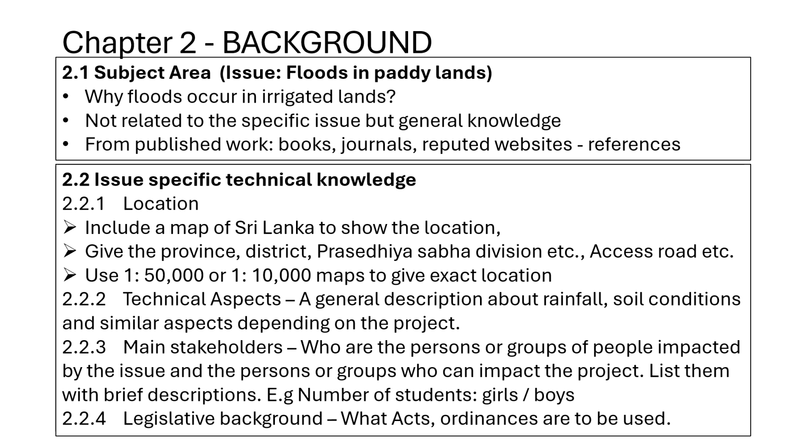Those people do projects, so you can use that kind of websites as references, not Wikipedia or any other commercial websites. It is preferred if you use websites which are legitimate, right? Legitimate in the sense which everybody trusts.